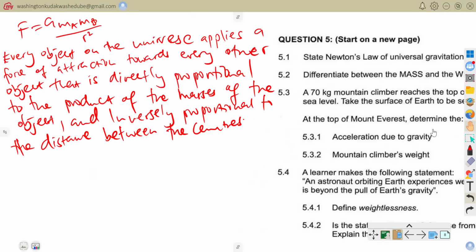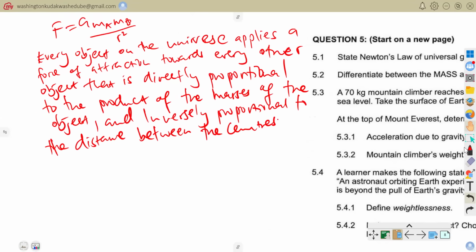Simple like that. That is what Newton's universal gravitation law states. So that was going to be equal to 5.1.